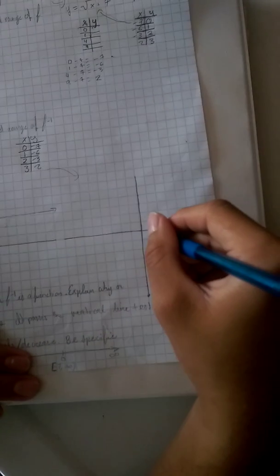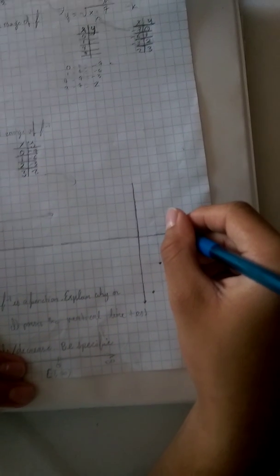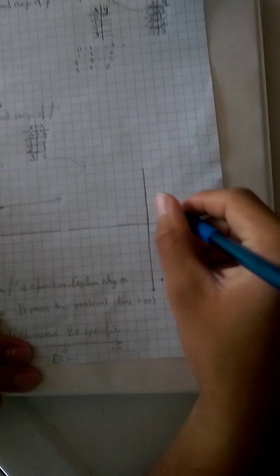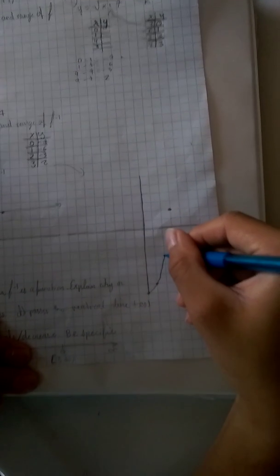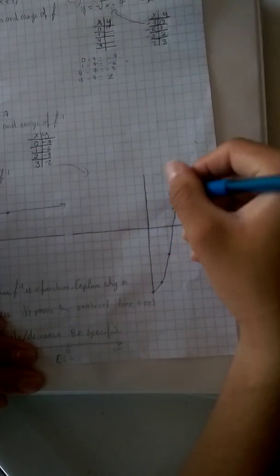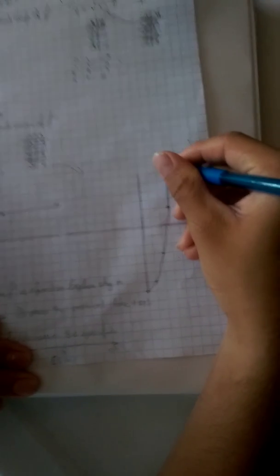Now 3 and 2. Start all the way from over here. Passing that all the way up.